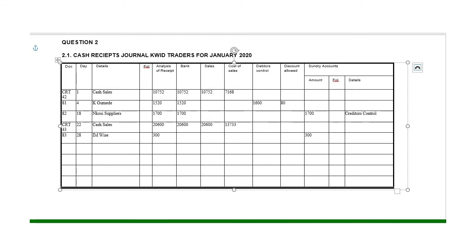So when you see the words previously written off, we put it under sundries, and the account name is Bad Debts Recovered. So any money that a debtor pays after it's been written off goes to an account called Bad Debts Recovered, which is an income account.